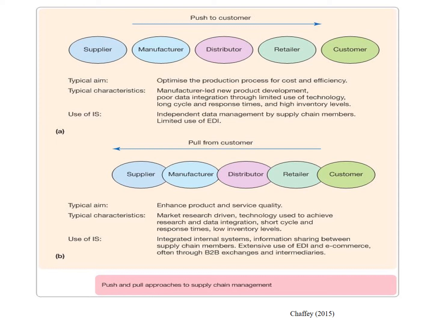So here we have the supplier, with the typical aim to optimize the production process for cost and efficiency. Typical characteristics include manufacturer-led new product development, poor data integration from limited use of technology, long cycle response times, high inventory levels, independent data management by supply chain members, and limited use of EDI.